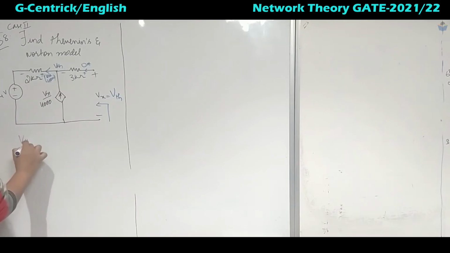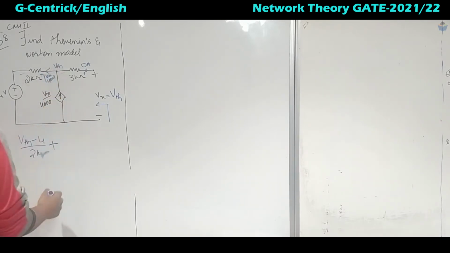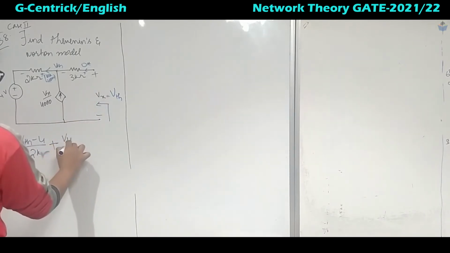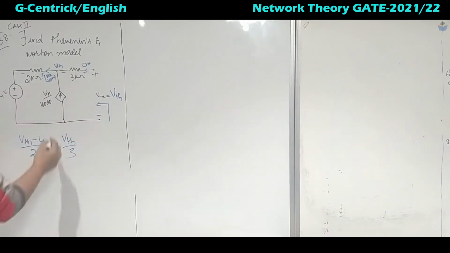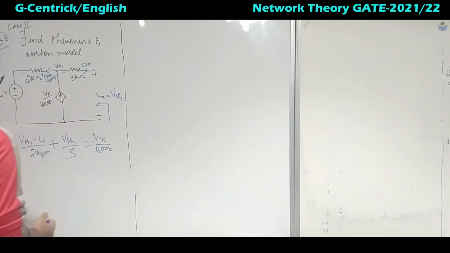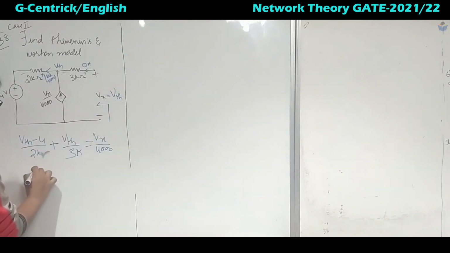So I can write Vth minus 4 divided by 2 kilo ohms, plus here we have got incoming, so we will ignore that, and here it is divided by 3, equal to Vx upon 4000. So now this is also 3 kilo ohm. Right, so this Vth I can replace with Vx as well, or Vx I can replace with Vth.